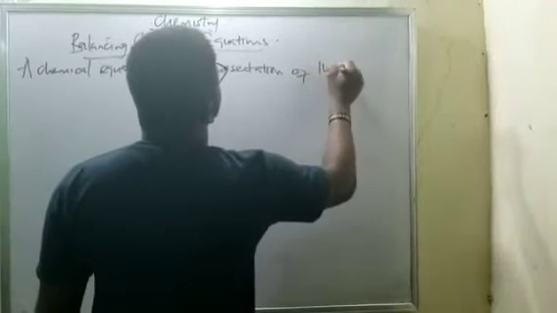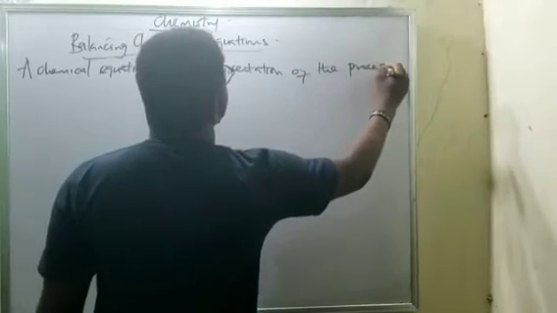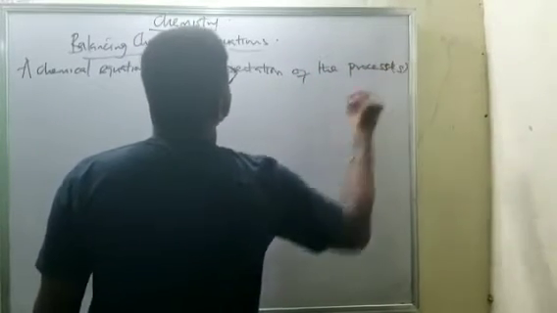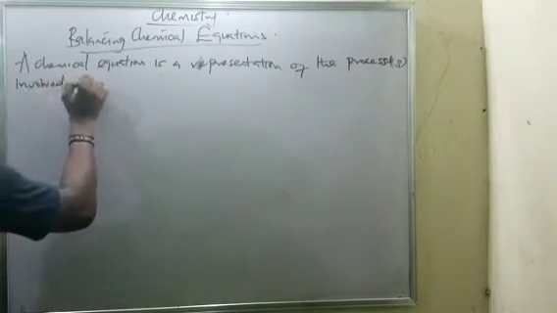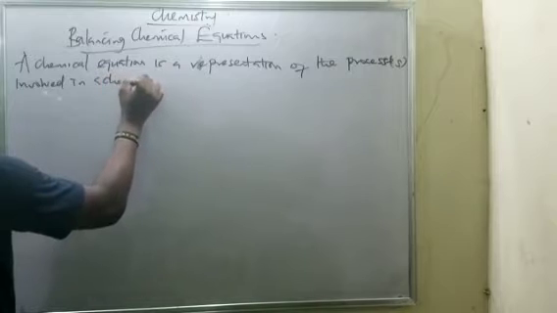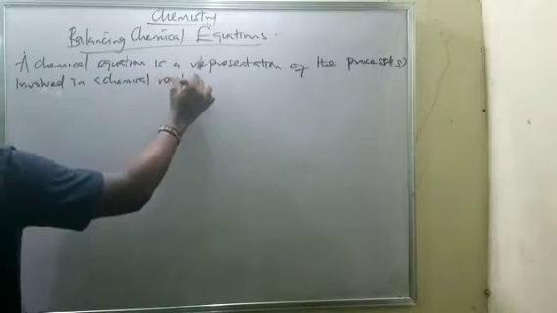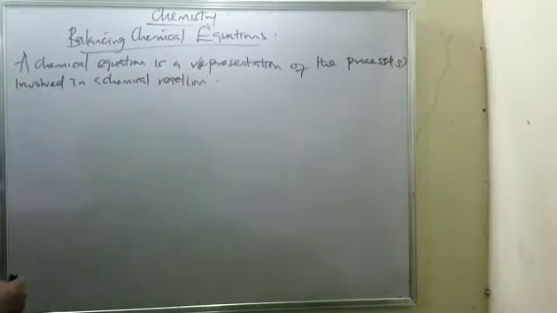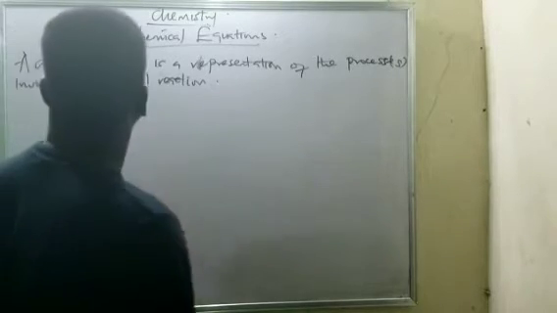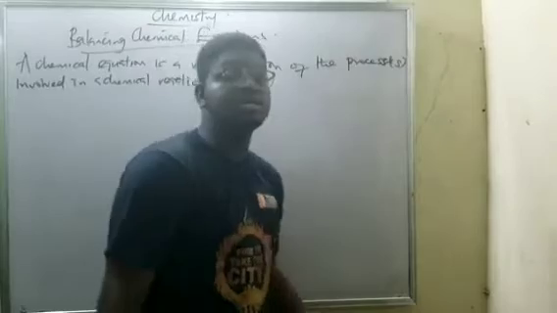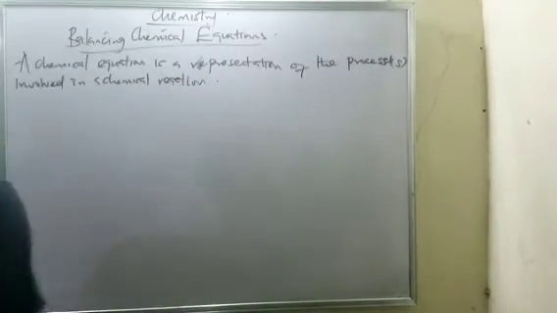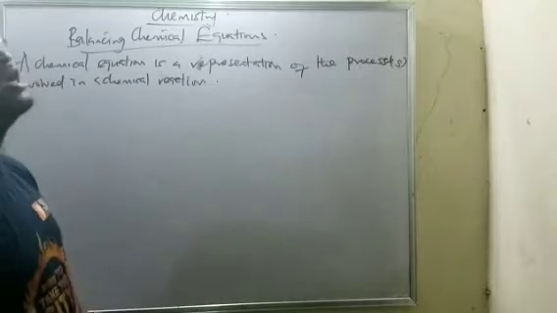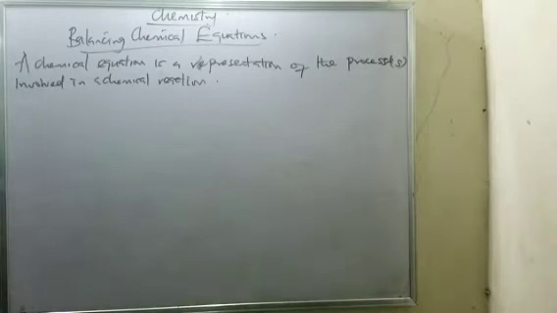A chemical equation is a representation of the process or processes involved in a chemical reaction, based on the fact that some chemical reactions have more than one process. So if you show this process in a representative manner, you are writing a chemical equation.